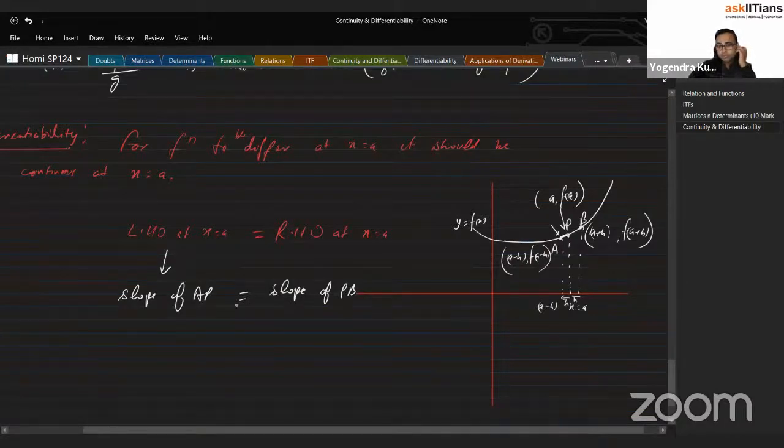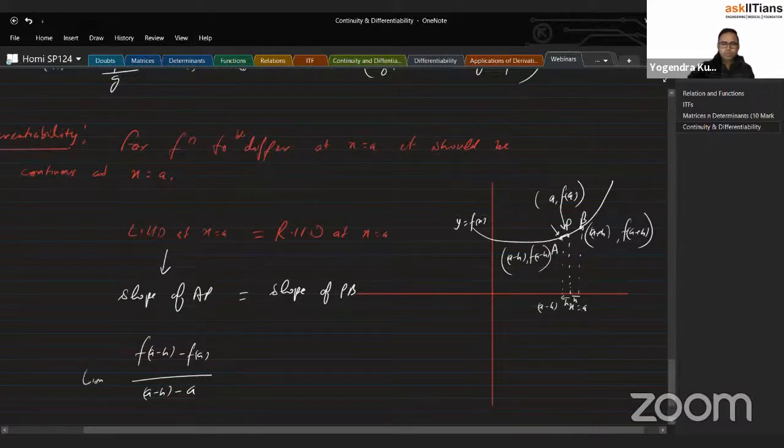Now, everyone knows the slope formula: y2 minus y1 divided by x2 minus x1. I use this as y2 and this as y1, and these as x2 and x1.